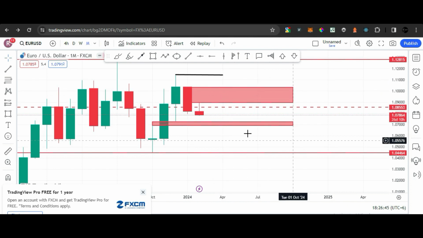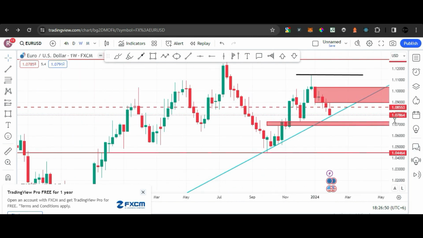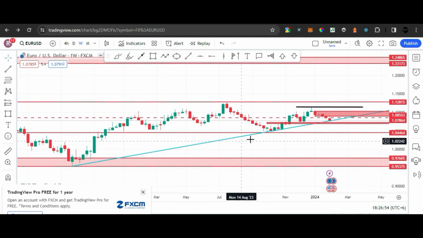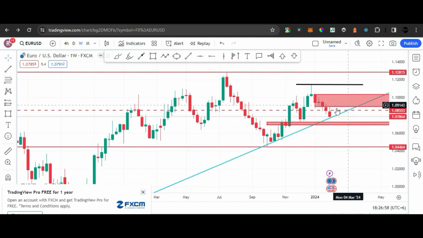This is all for the monthly time frame. Let's go to weekly. In the previous video I showed you clearly that if we draw the trend line, this is our trend line. Okay guys, this is the trend line we had in weekly, and it has just touched that area. So this is one reason why the price has stopped here. It is touching the weekly trend line.